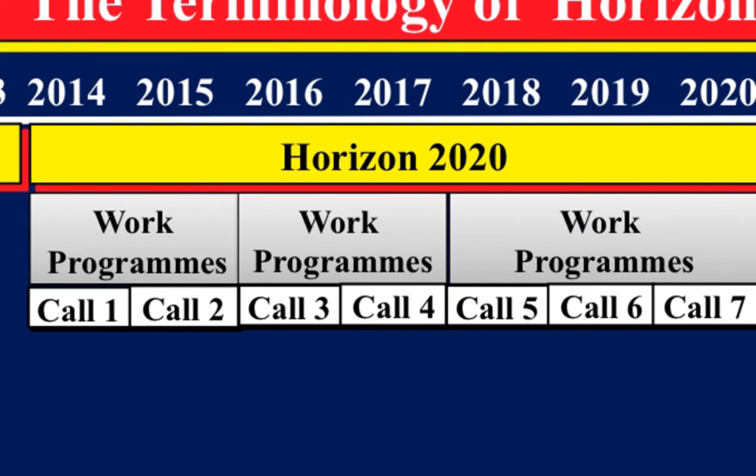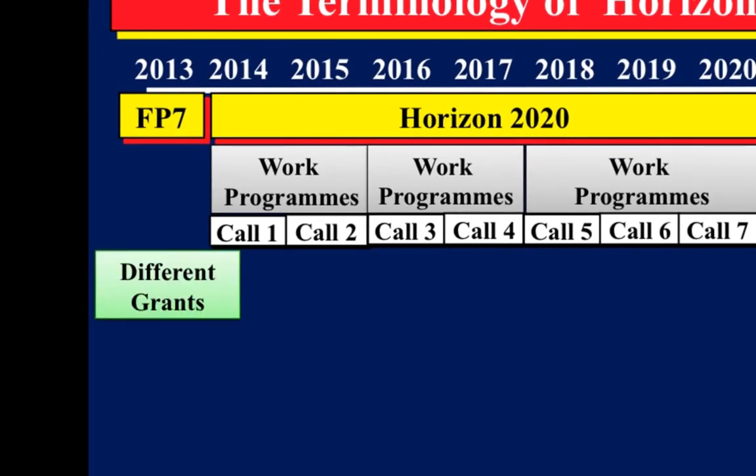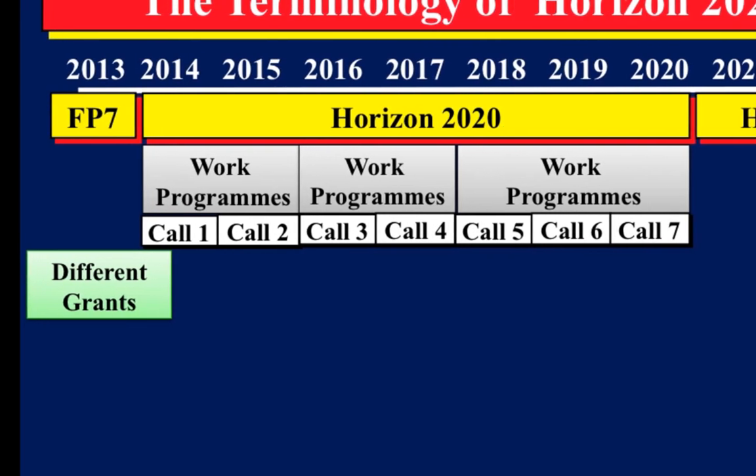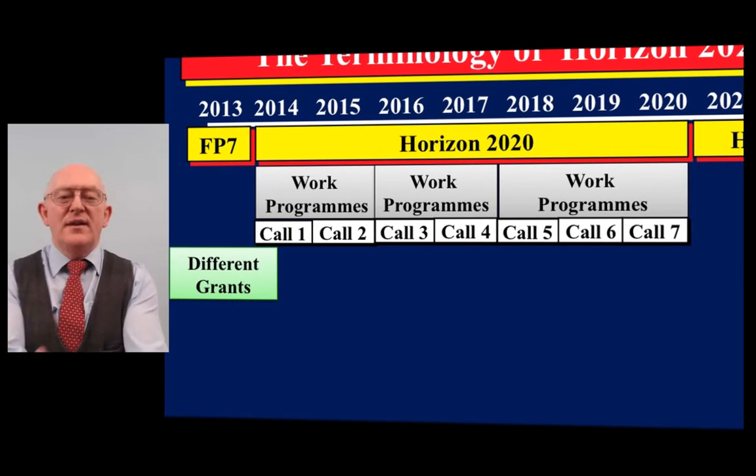So you need to find out which programme do I fit into and when is the next call. And to make life a little bit more interesting, they also have about 7 different types of grants. So over the next number of modules, I'm going to describe each of these items, the programmes, the grants, the calls.